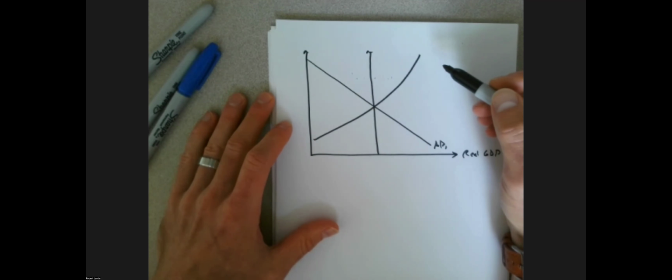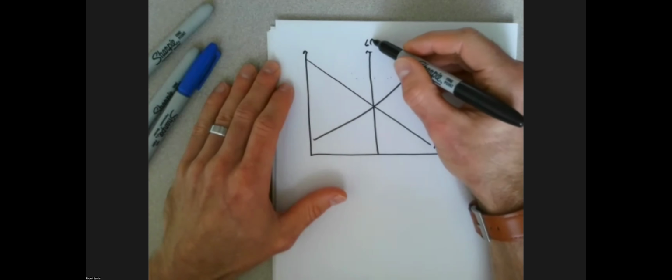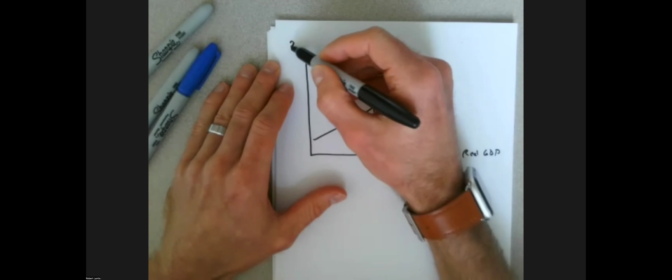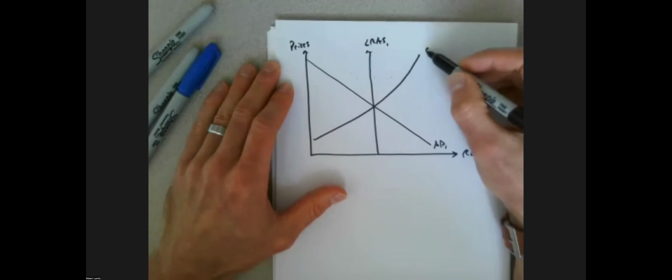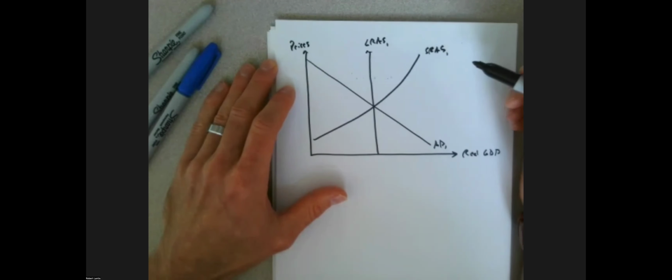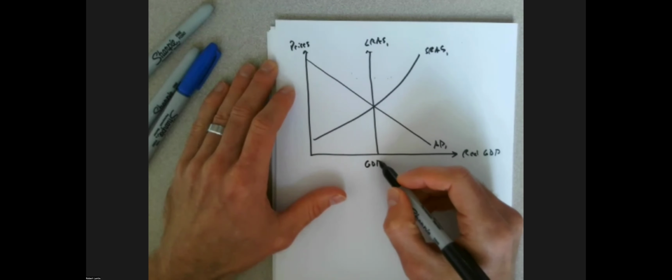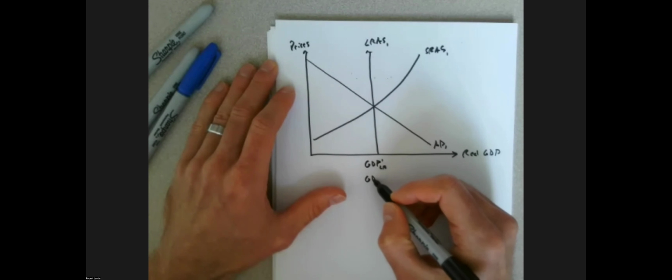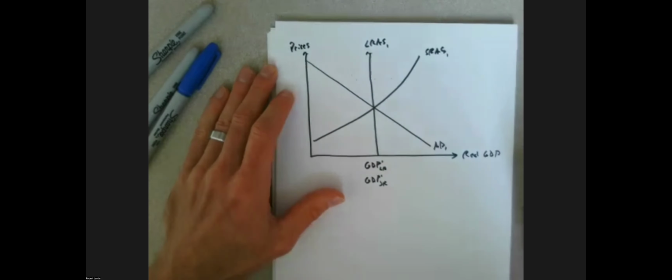I'll start out with an example, and if we have time, we'll do another one. But let's assume that we start out with no gap, right? So short run and long run GDP start out exactly the same.